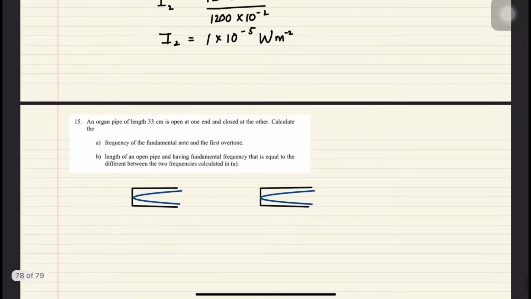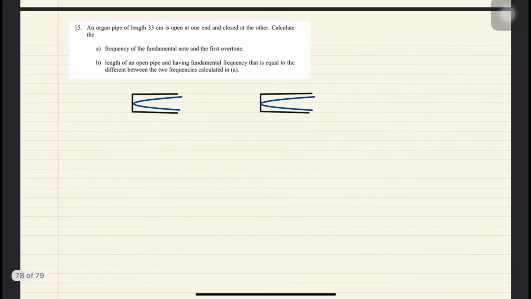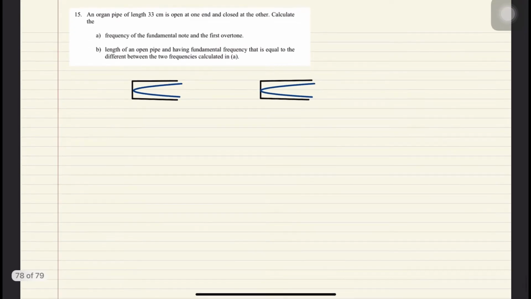Okay, so for question 15, question 14 we already discussed. An organ pipe of length 33 cm is open at one end. So that one will be your L. I change straight away to meter. Calculate the frequency of the fundamental and the first overtone. So let's say this is your fundamental, and the first overtone would be your n equals to 3.